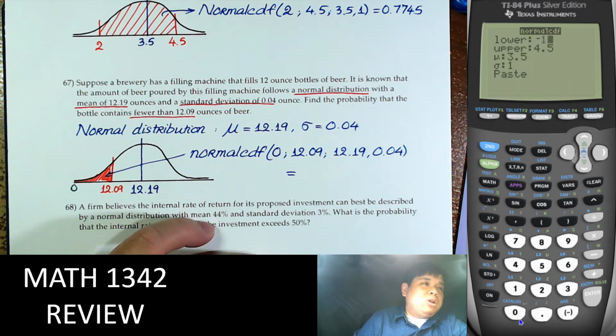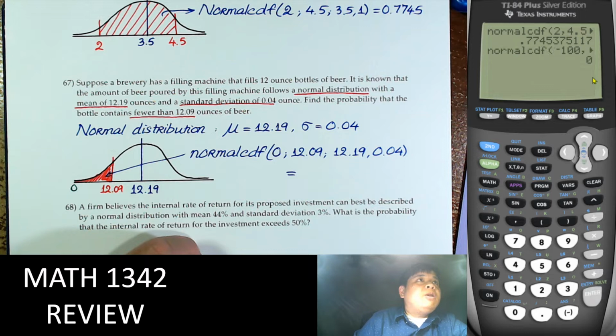Right, let's see what we get. What if, instead of negative 100, we put 0? We have 0. So the probability is extremely small.